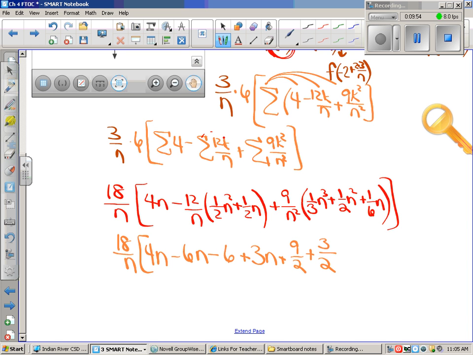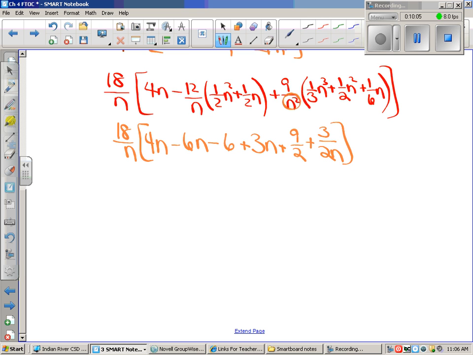And can somebody tell me where the n goes? Does it go in the top or the bottom? It goes in the bottom because the n squared was in the bottom. Okay? So pay attention to that. Still, from this point, Emily said that if you got to substituting in the summations, you're set, because from here it's algebra. Now it's just combining stuff that's alike and going from there.